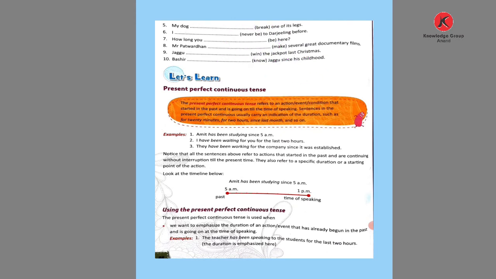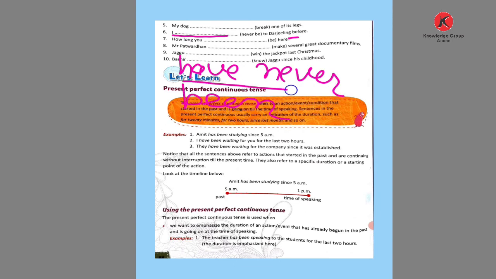Then number 6: I blank, never be, to Darjeeling before. Here we use the word before. So I have never been. Why? Because going to Darjeeling before, next time in the future also he may go there. So have never been.